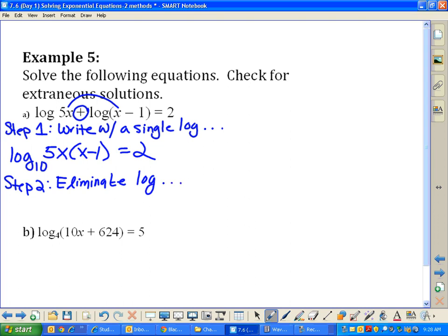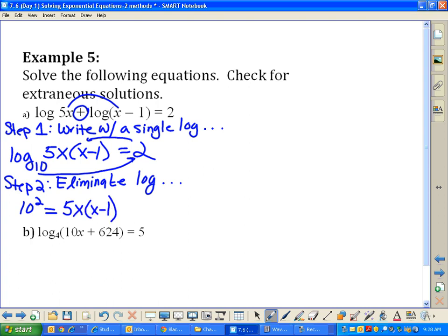You could exponentiate both sides, or you could use the log cycle to get rid of that log, essentially writing it in exponential form. So you can pick whichever one you like. I think for this one, since I'm crunched in on space, I'm going to use my log cycle. So I know that 10 squared in this problem is going to be equal to 5x times x minus 1.